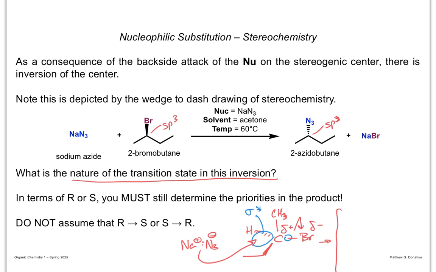The square brackets here just mean the transition state.